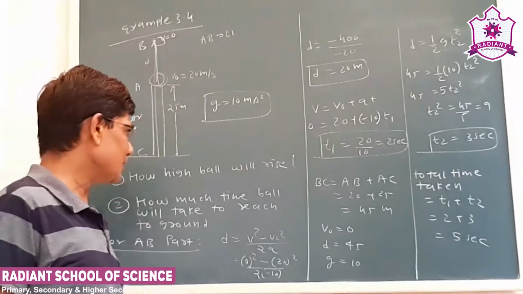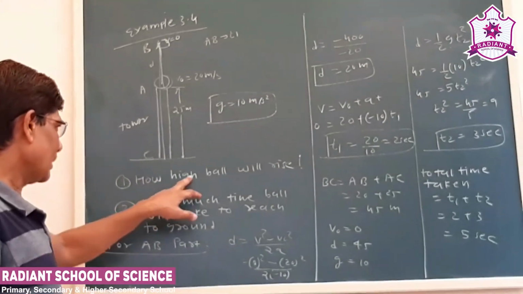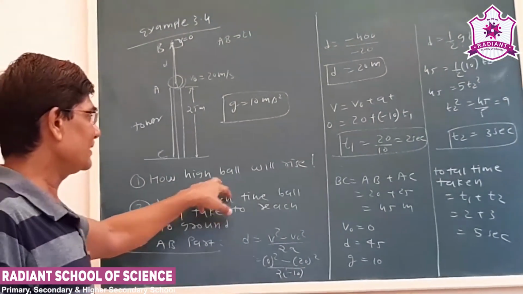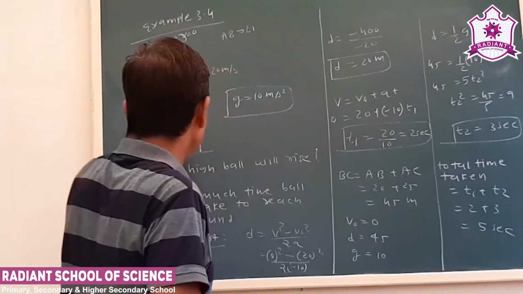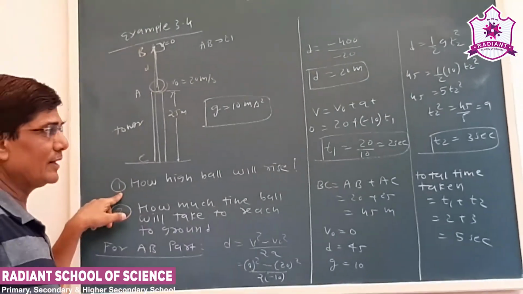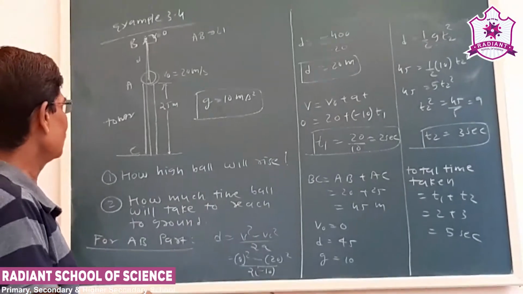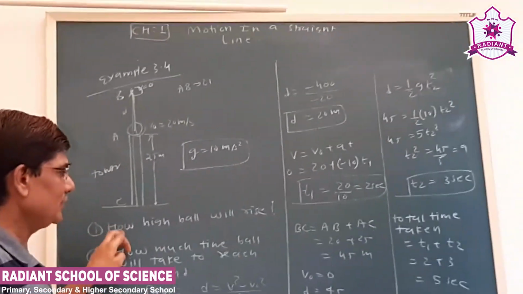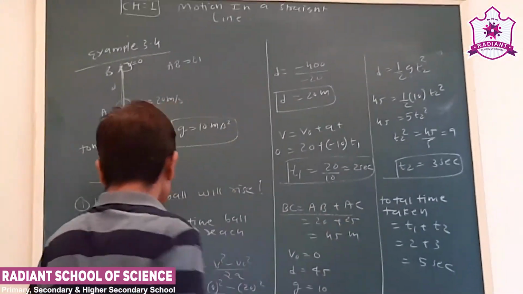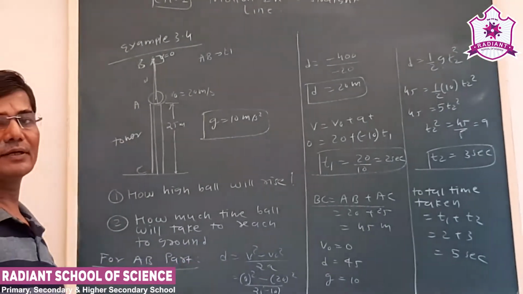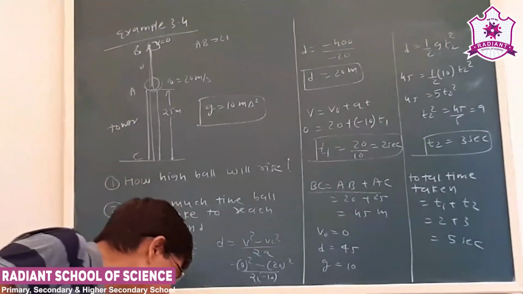Now see, in this example we had to find out how high the ball will rise, which we have calculated, and the time taken to reach the ground, that is the total time of flight, from A to B, then B to C. Now the same example can be solved by another method, which we will see now.